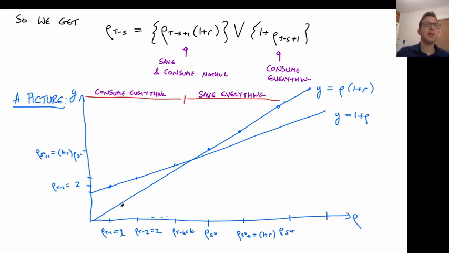Okay, so what does that mean? It means at the last S star minus 1 years, it's optimal here to consume everything. But before that, it's optimal to save everything.